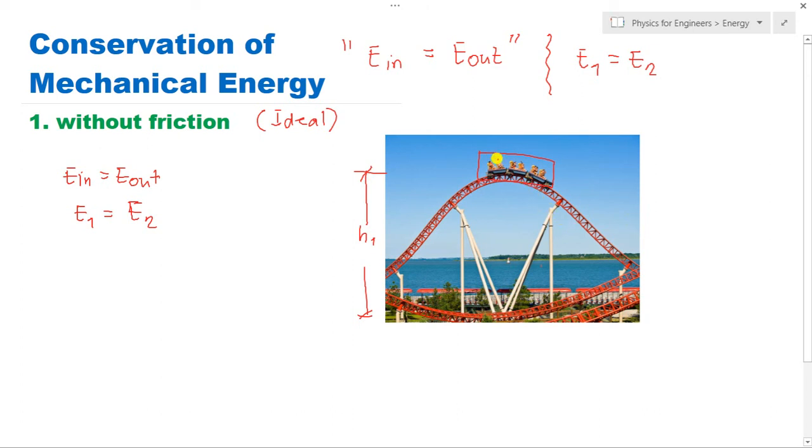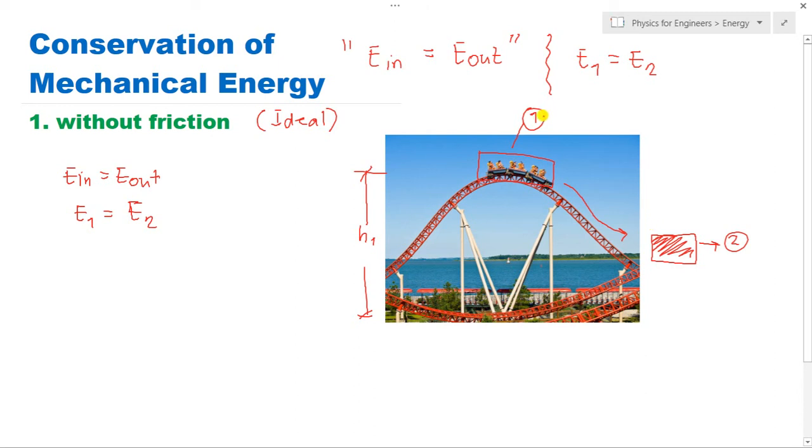Let's consider that state 1 is their condition at the top, so this would serve as our state 1. Then what if it goes down? Let's say our analysis stops there, so we can call this the state 2. We now have state 1 and state 2, and by the conservation of mechanical energy, the energy at state 1 is just equal to the energy at state 2.